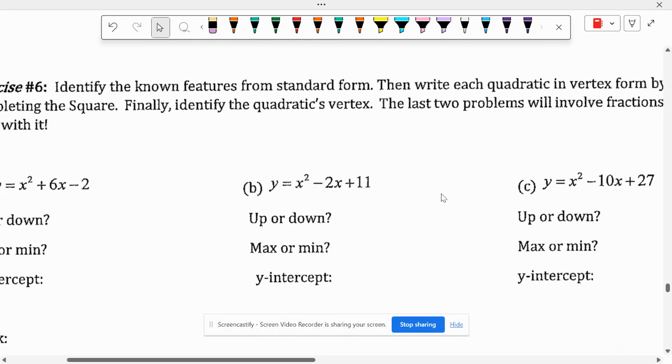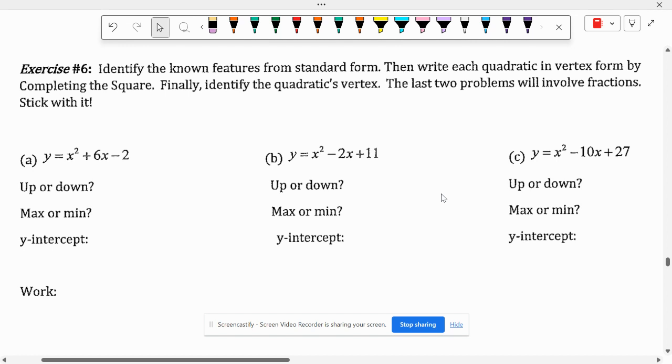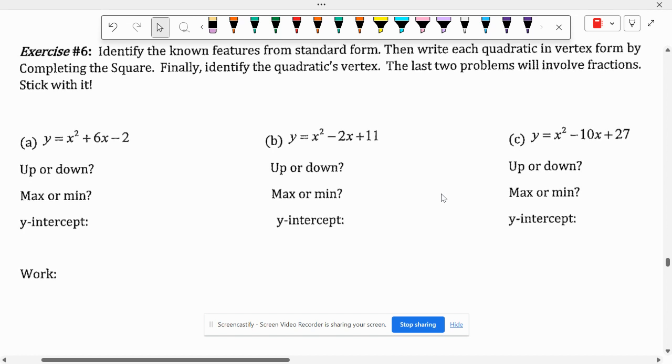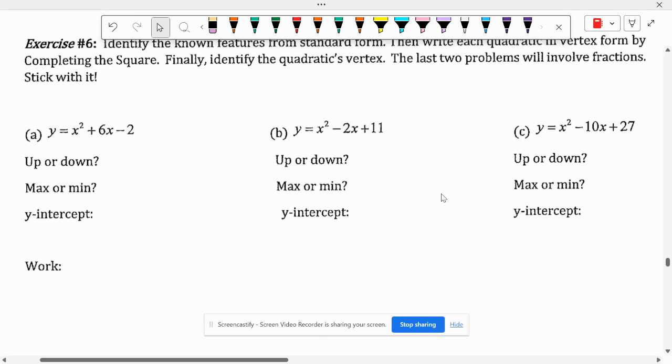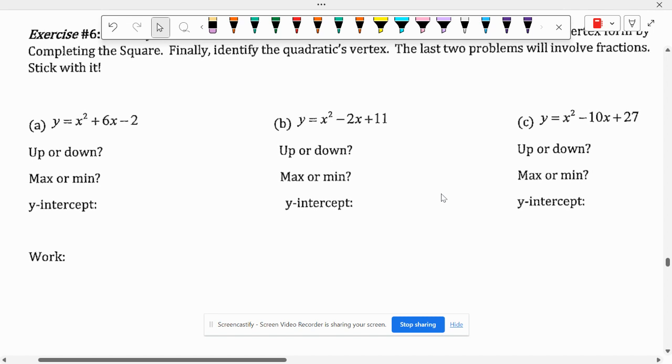All right. So we're going to use the method of completing the square to identify the vertex, and we're going to practice it. I think we are practicing it 6 times. So example 1, the first thing you want to do is tell me what the value of a is. Notice here a equals 1.